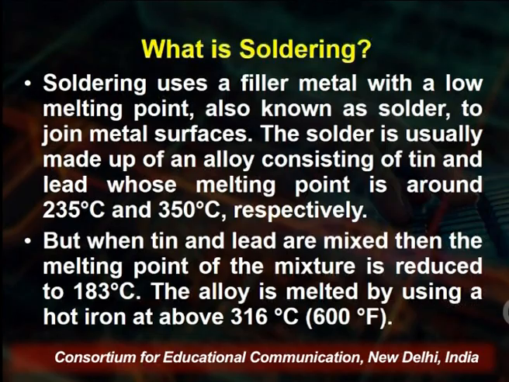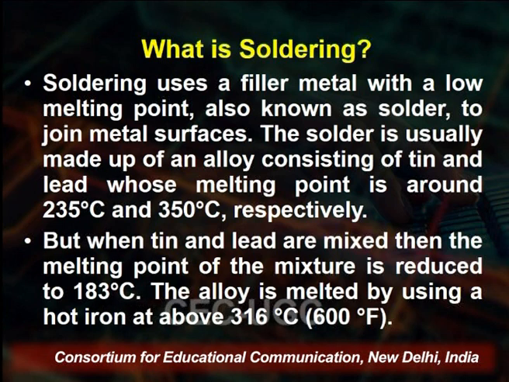To join the metal surfaces, the solder is usually made of an alloy consisting of tin and lead, and their melting points are 235 degrees centigrade and 350 degrees centigrade respectively. They easily melt, and because of that they are used to connect the various electronic components.